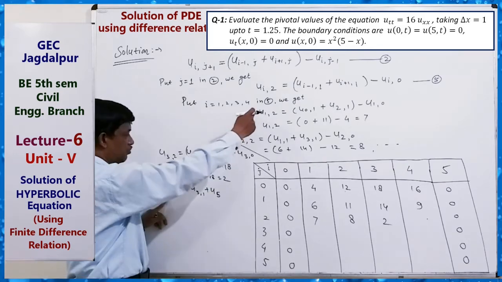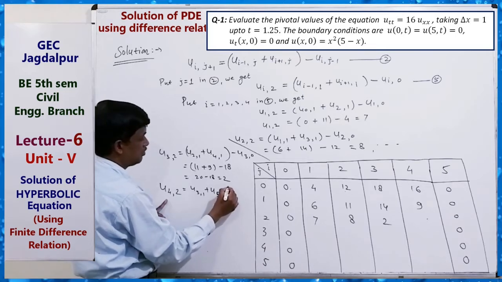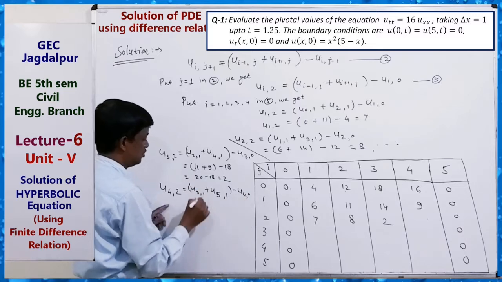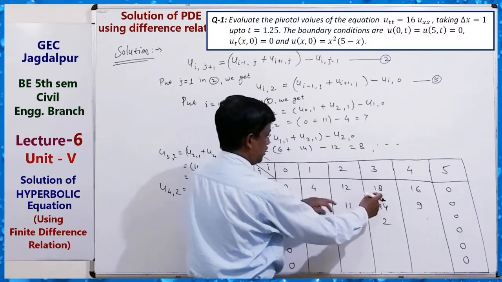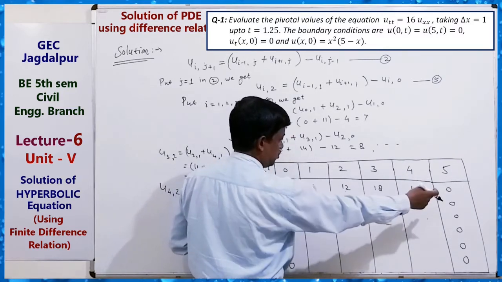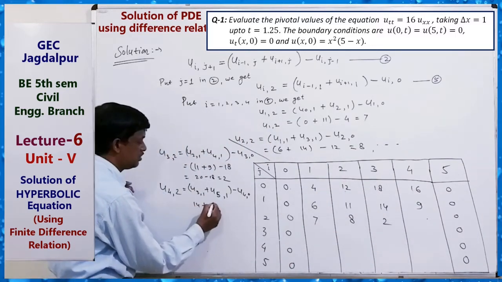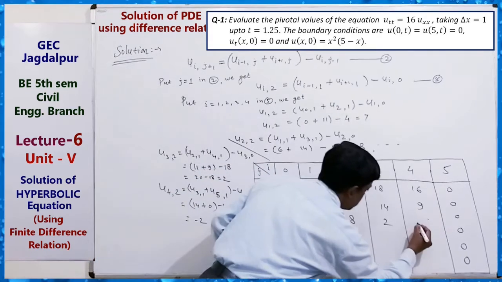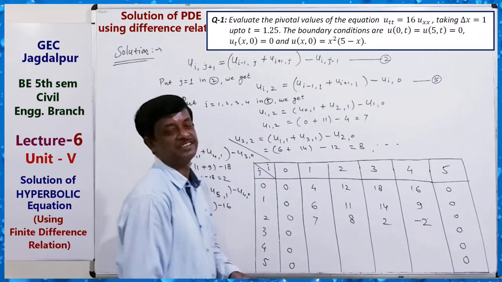So at level 4: u31 is 14, u51 is 0, 14 plus 0 minus 16 equals to minus 2. So this is minus 2. Okay, so this is the process.